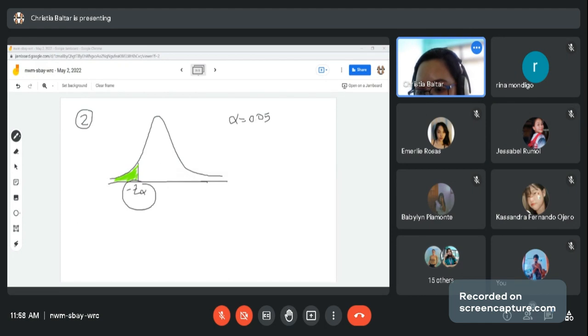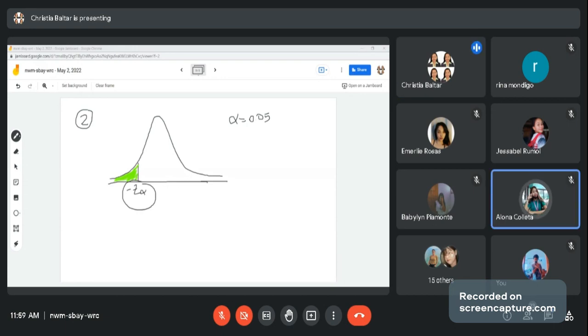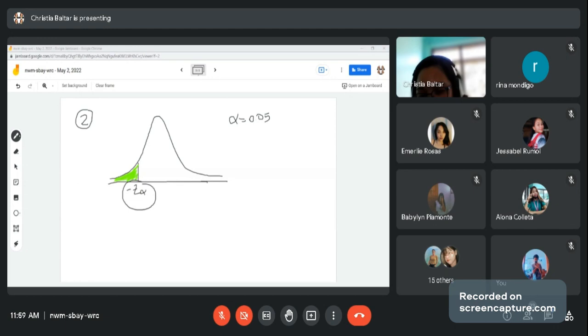Cassandra? Rosas. Gutierrez. Beltran. Culieta. What about Edgemar?